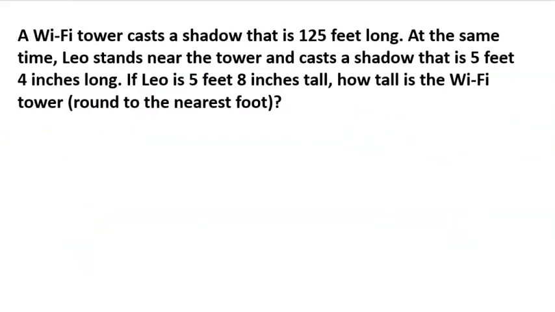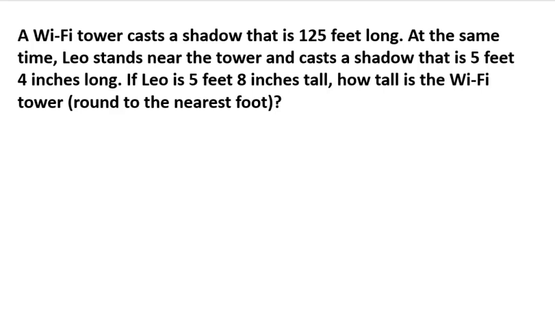So now let's go ahead and jump into a more real-world problem. These problems are the most common that come with similar triangles. And so it says a Wi-Fi tower casts a shadow that is 125 feet long. At the same time, Leo stands near the tower and casts a shadow that is 5 feet 4 inches long.